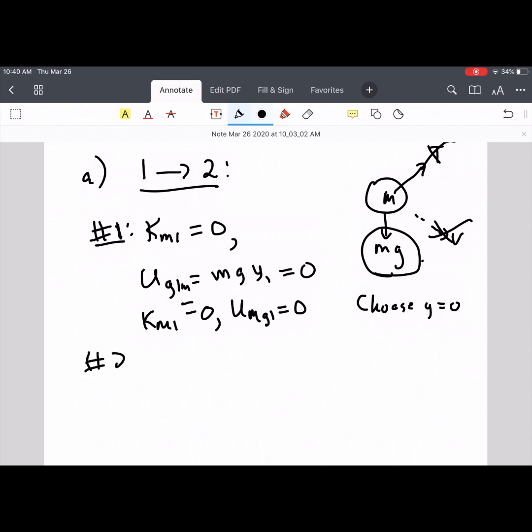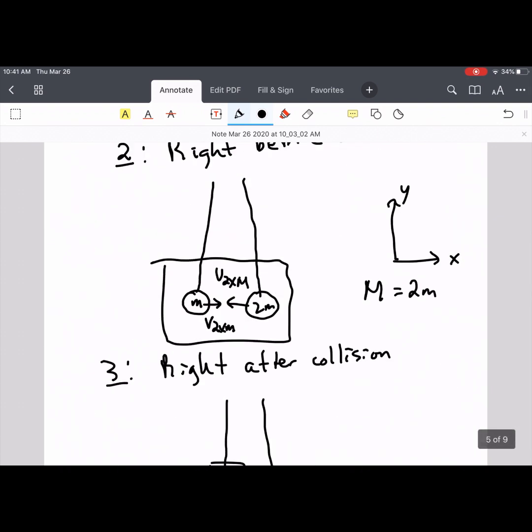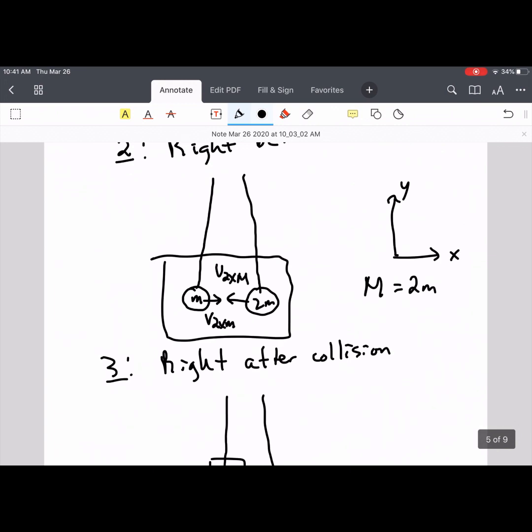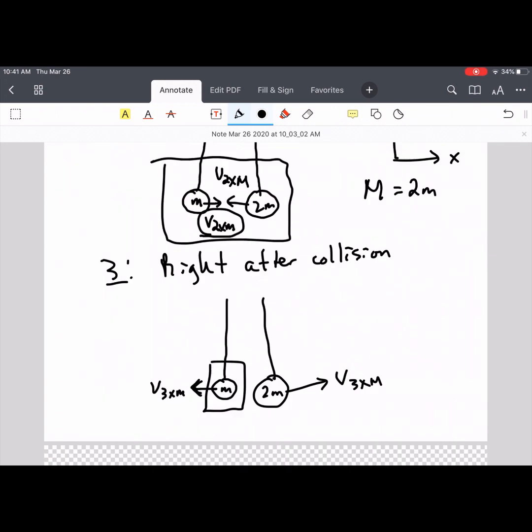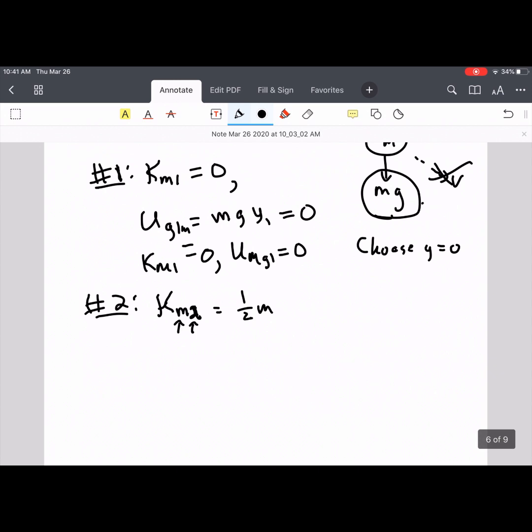Okay, what about final? When it comes down to the bottom and is about to collide, let's talk about object 1. So the kinetic energy of object 1 right before colliding, so this is the smaller object at time 2, is 1/2 mass times velocity squared. And notice that I've told you that the velocity is by definition v2xm. So there you go, that's our kinetic energy.